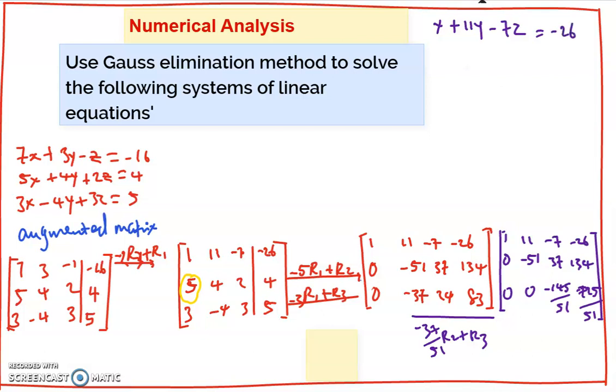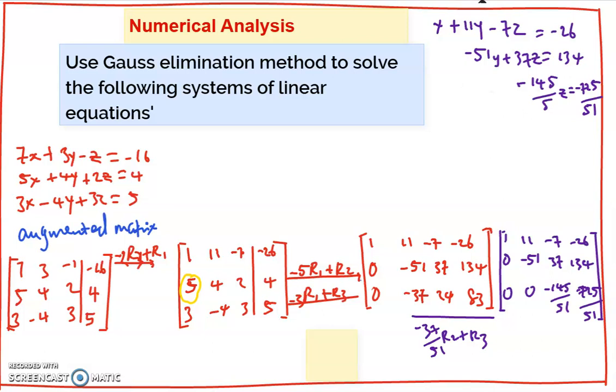We repeat this in the same way for the other rows. So this is what we have, and we now need to do back substitution.